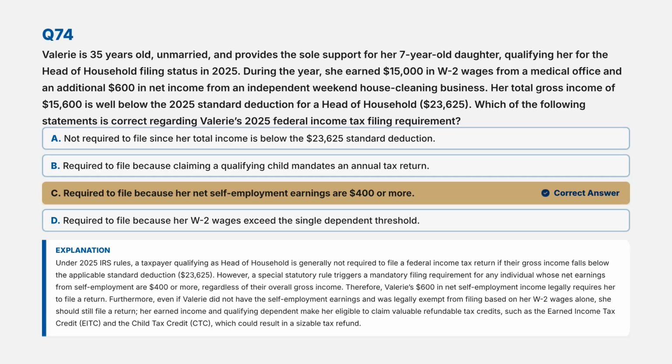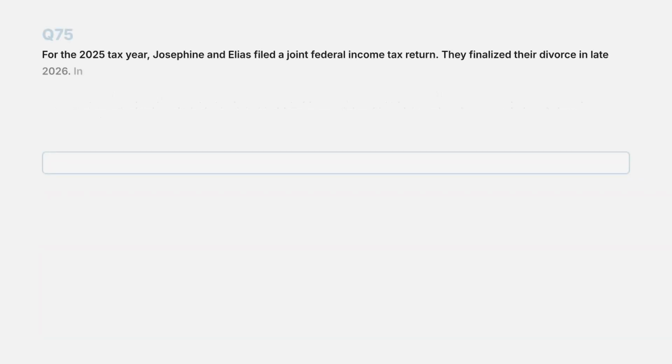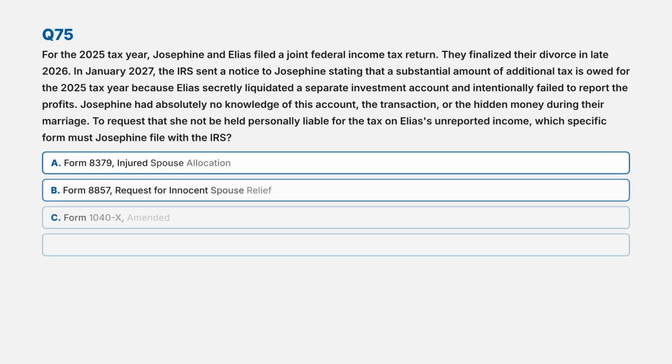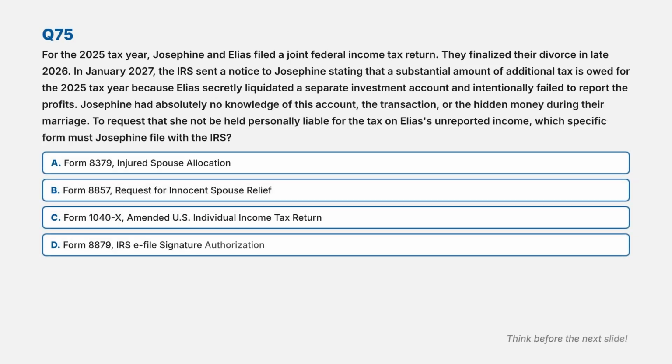Great. Let's continue to question 75. Question 75. Here's the scenario. For the 2025 tax year, Josephine and Elias filed a joint federal income tax return. They finalized their divorce in late 2026.